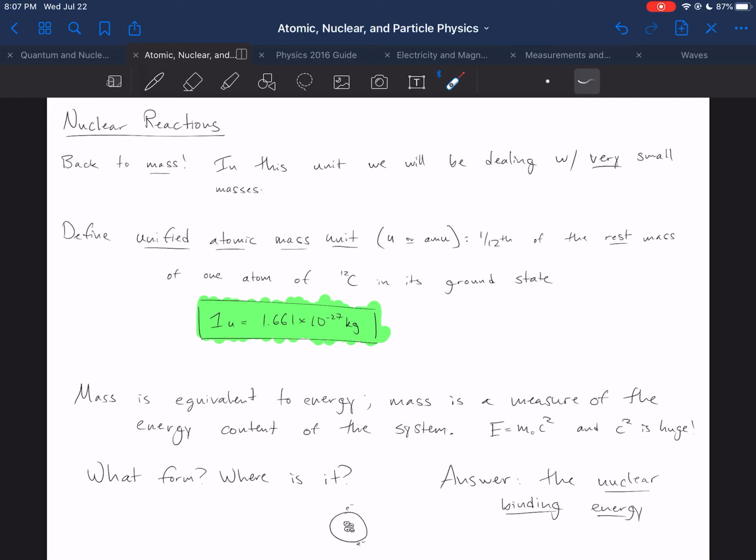Why 1/12 of one atom of carbon-12? We've discussed this a little bit before, but in case you've forgotten, we would like the Unified Atomic Mass Unit to be conveniently around 1 for both a proton and a neutron. Now, why not just define the mass of the proton and the neutron as exactly 1 u?